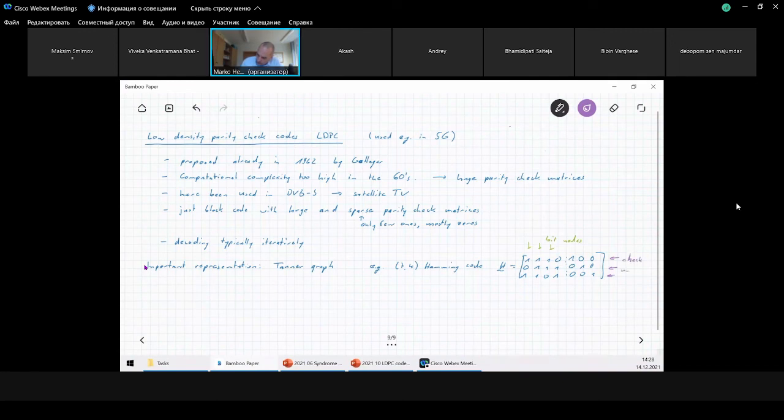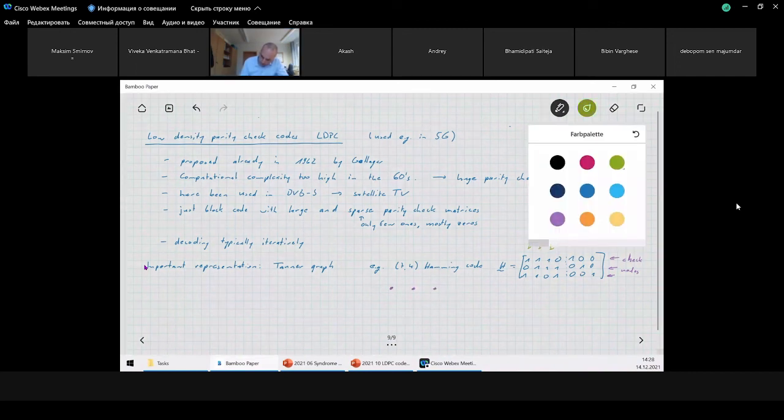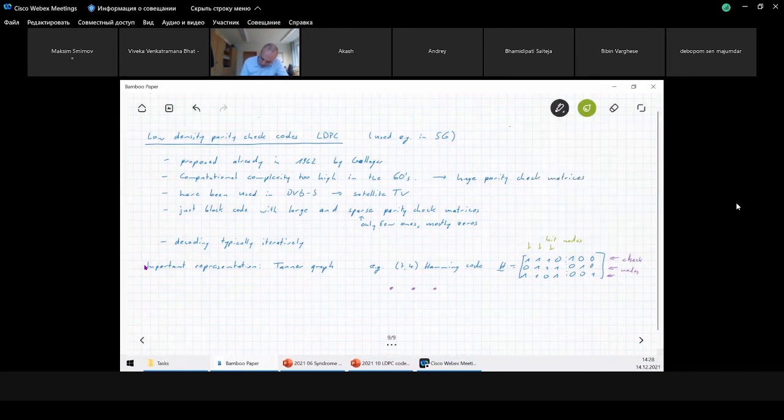And we can simply imagine this: bit nodes 1, 2, 3, 4, 5, 6, 7.